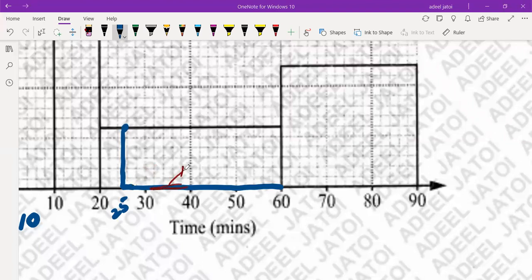This part will be taking 10 minutes, this is taking 10 minutes again, and this is taking 10 minutes. From 20 to 60, that is entirely 40 minutes, but from 25 to 60, there should be 35 minutes.